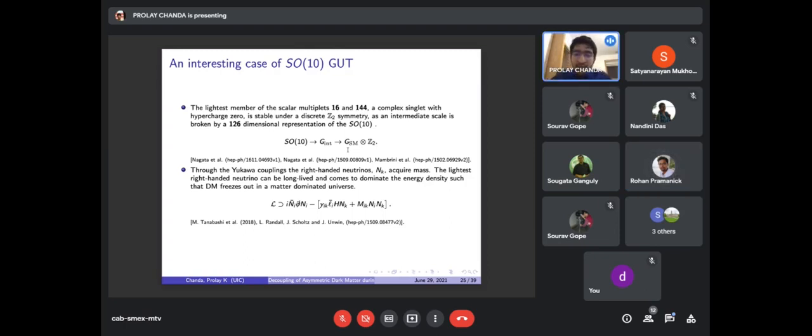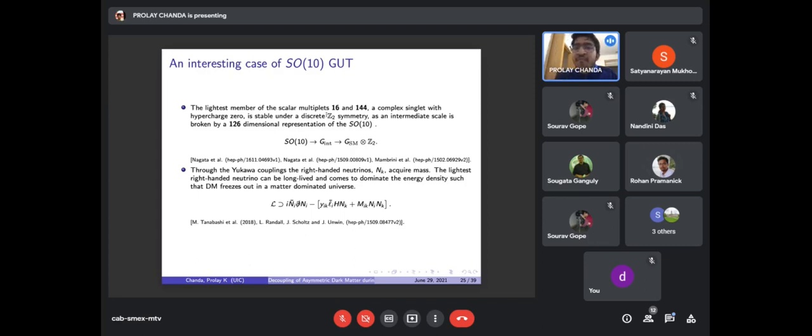No. So let me repeat it again. The right-handed neutrino is the heavy particle species which results in the matter domination, and dark matter is the lightest particle of the 16 or 144 scalar multiplet of an SO(10) representation. I consider the lightest one because it will be stable under the Z2 symmetry.